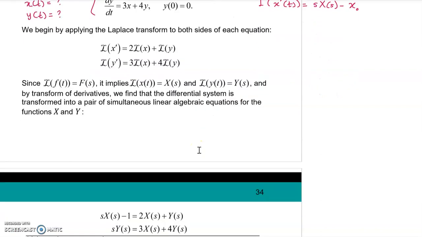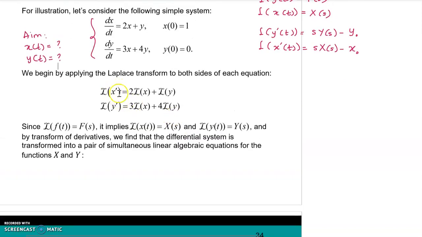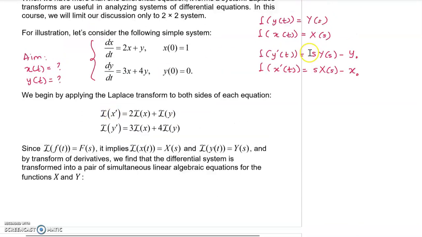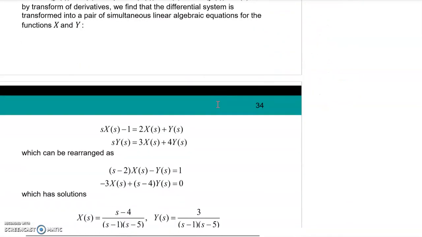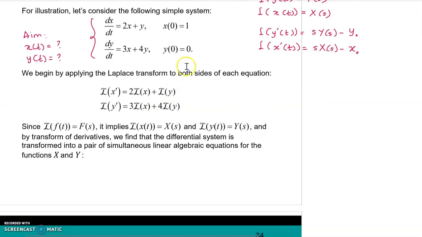Then we replace the Laplace of x prime and Laplace of y prime with these terms here. By that we come out with this one. We put in the initial condition given, which is 1 here, and the initial condition for y is 0, so basically at this part here, it is 0.